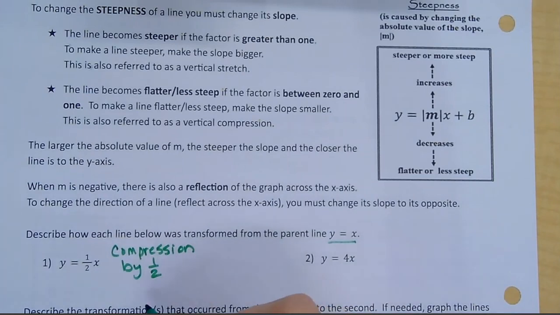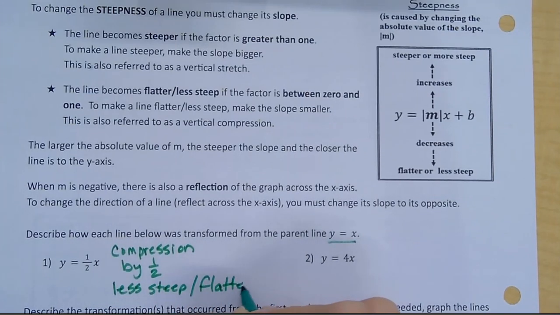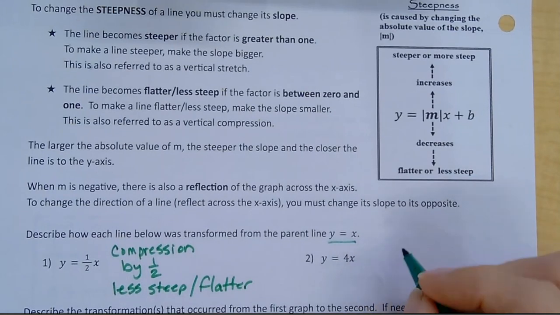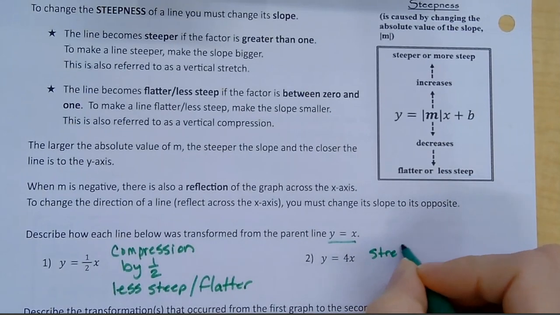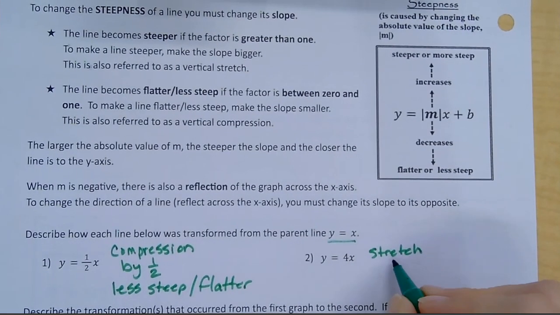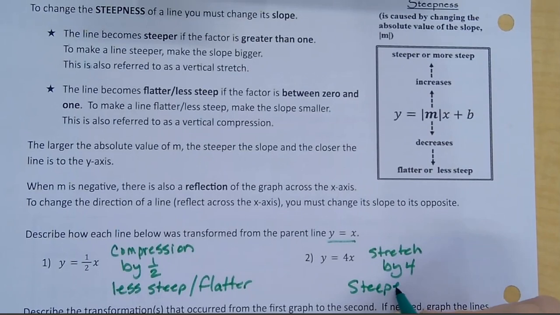So it's less steep, or flatter. If I went from y equals x to y equals 4x, that's a stretch, and we multiplied the original slope by 4 to get our new slope. So it's a stretch by 4, or you can say it is steeper by 4, meaning by a factor of 4.